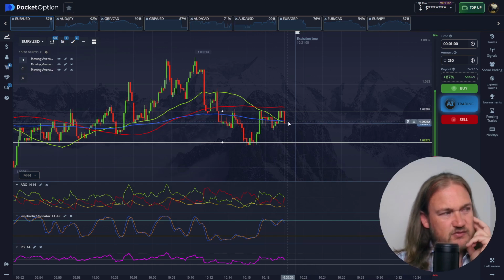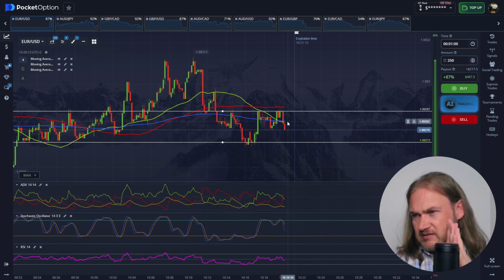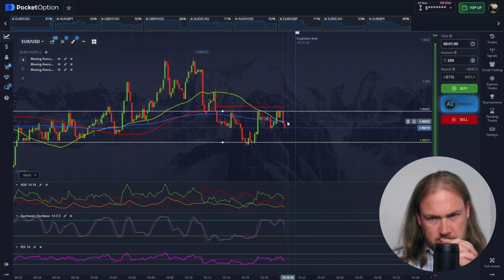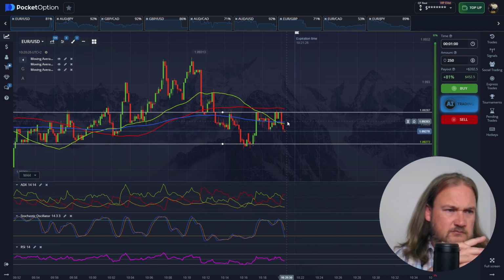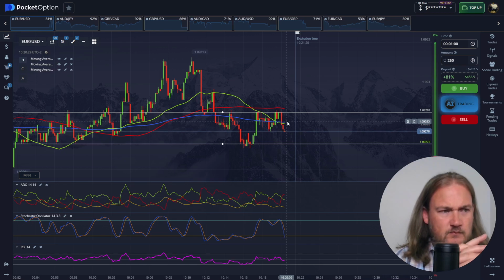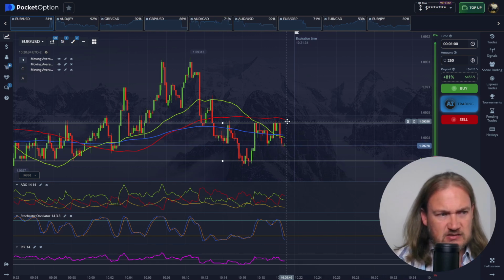So I'm just going to wait for it to pick direction before we do something that's a bit foolish and we end up losing money. Although technically, we had 4 trades. I took 2, and 2 I didn't like that much.